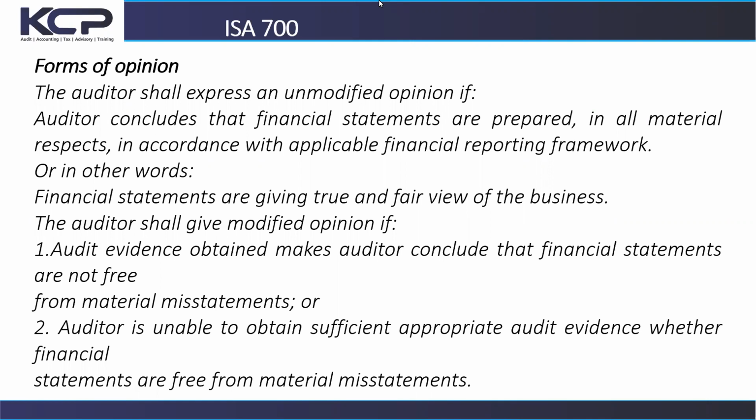The auditor shall give a modified opinion. So you've seen where auditors can give an unmodified opinion. The regular and the expected opinion to be issued is the unmodified opinion. That is a clean report, right?